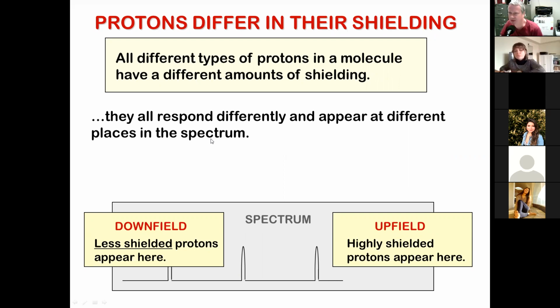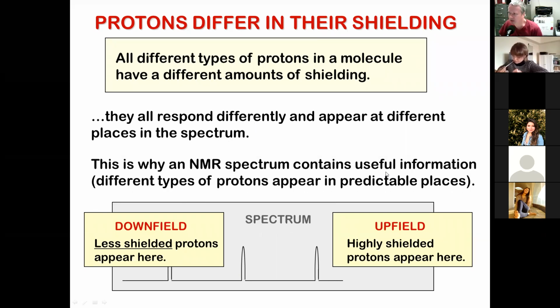For the most part, we see each of the different types of protons come at different places on the spectrum. If everything came at the same place, it would be really boring and useless, right? This is why an NMR spectrum contains so much useful information. The different types of protons appear at predictable places. It's very predictable. That's what's so cool about this.